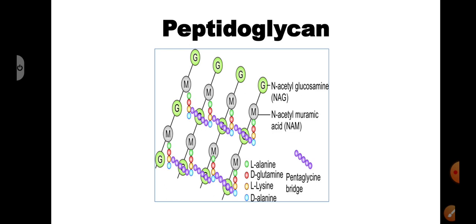Here it is depicted by different colored balls. And then you also have a pentapeptide bridge, or pentaglycine bridge, the purple colored amino acids, 5 of them, penta means 5. This structure, the pentaglycine bridge, is only present in Gram-positive bacteria. It is absent in Gram-negative bacteria.